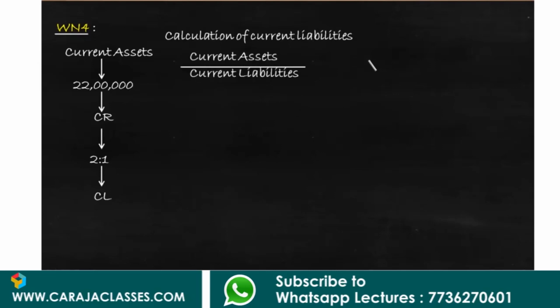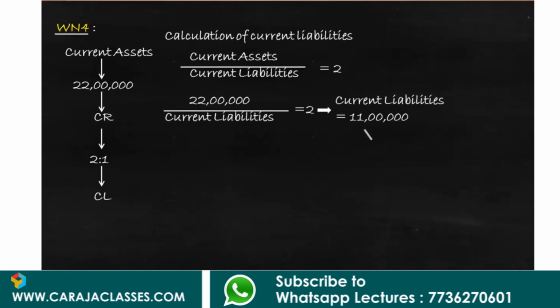Current asset divided by current liability is equal to 2:1. So current asset is equal to 2 times of current liability. Here current asset is 22 lakh, so 22 lakh divided by 2 would give current liability, which is 11 lakh. So we have current liabilities now.